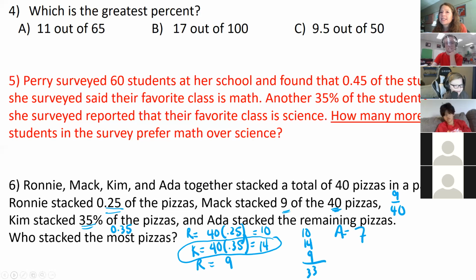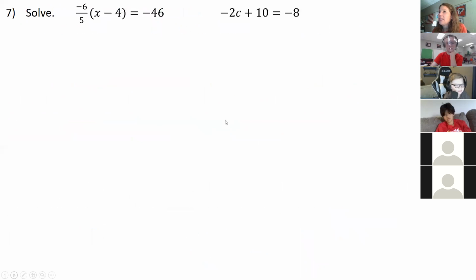Any questions? Okie dokie. All right, here are some two-step equations. So on the first one, I don't like fractions myself, so the first thing I would do is get rid of this fraction. So I would multiply this fraction by its reciprocal, so I can just cancel it out.